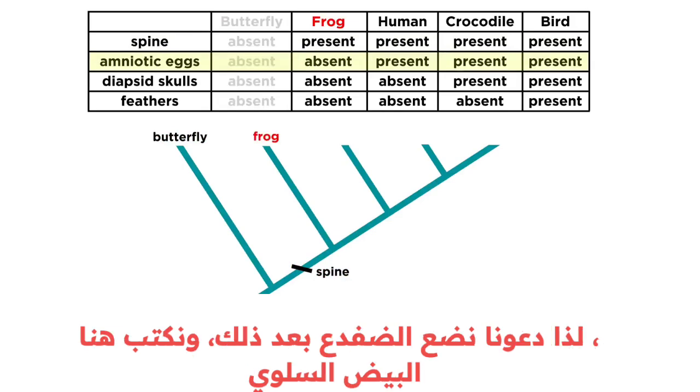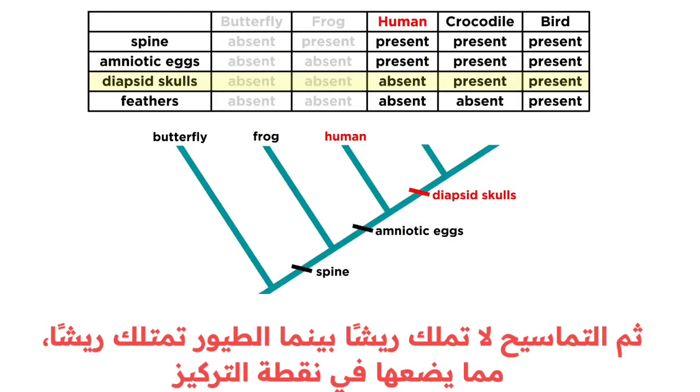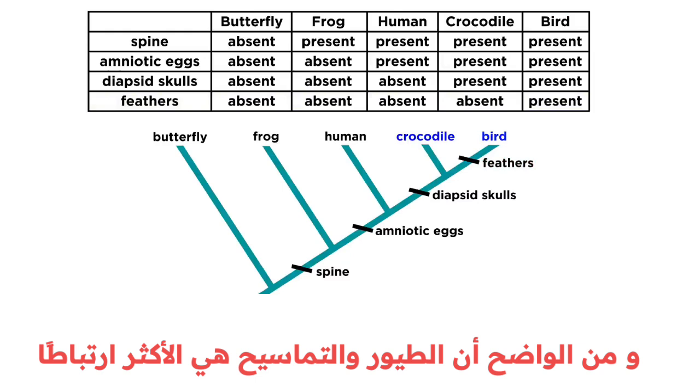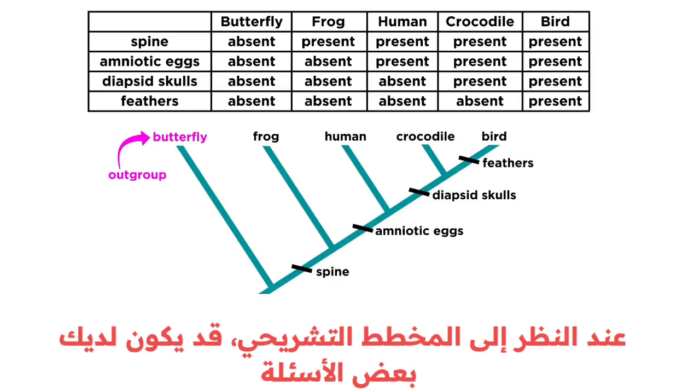So let's put the frog next and write amniotic eggs here. The rest is just the same. Humans don't have diapsid skulls, so that's next. And then crocodiles do not have feathers while birds do, which puts them at the focus point. So clearly, the birds and crocodiles are the most closely related, while the butterflies are an outgroup.